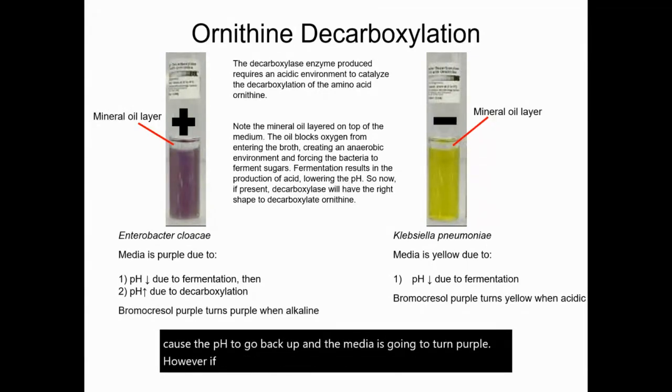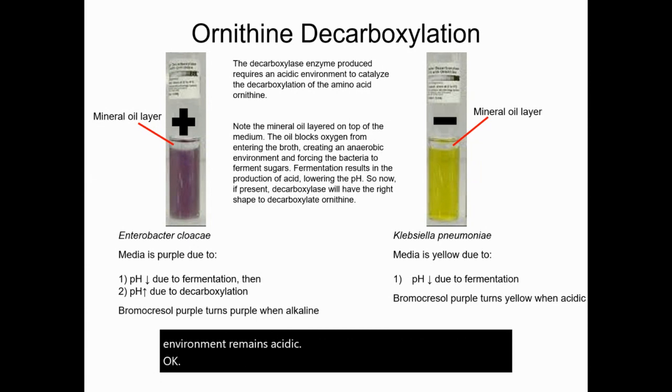However, if we instead had inoculated Klebsiella pneumoniae, once the pH decreases due to fermentation, there is no decarboxylase. That's not an enzyme that Klebsiella has. So no decarboxylation is going to occur. So the media is going to remain yellow because that environment remains acidic.